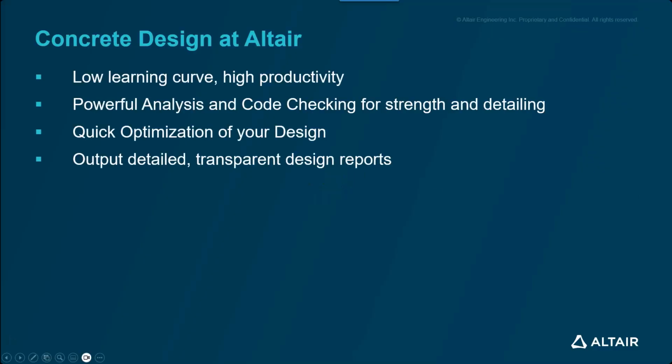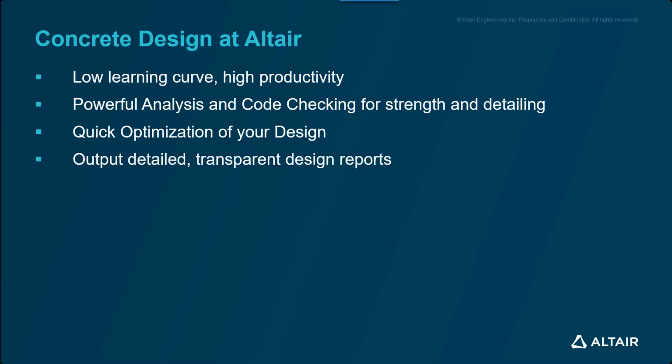Now, with that said, let's go back into our slides here. I just wanted to wrap this up with a bit of a discussion on the high level points that I made today. I would say that our software has a very low learning curve in order to become productive with our concrete design solutions. And they're great not only for validating that you have a utilization ratio less than 1, but it's going into more detail.